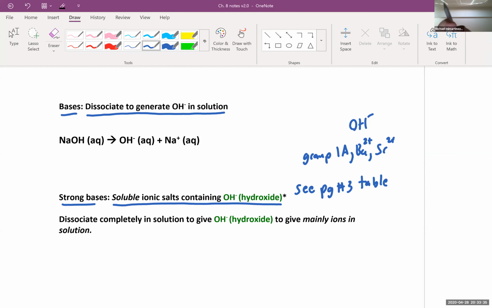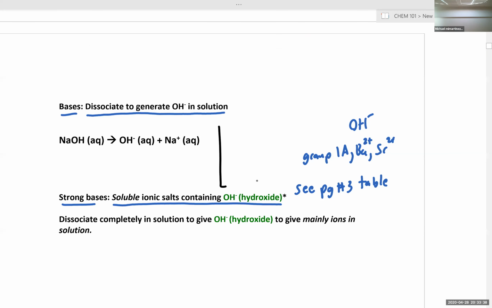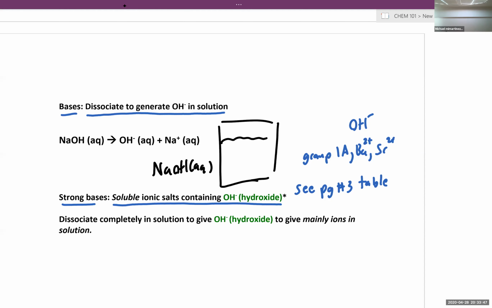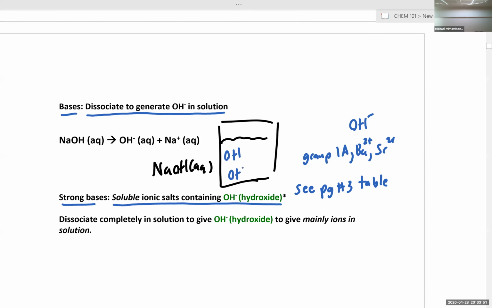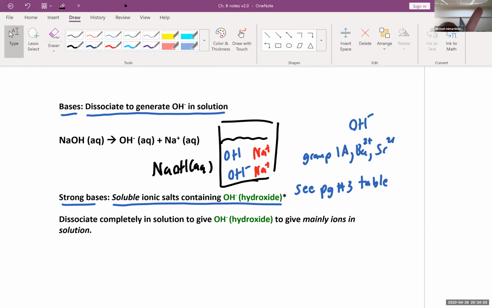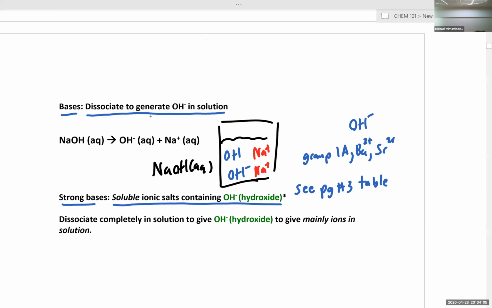Just like when we drew a picture for our acid, if we look at a flask of aqueous sodium hydroxide, we'd expect to see primarily ions in solution. We'd see our hydroxide ions and our corresponding sodium cation, of course surrounded by water molecules, but we won't be worried about the solvation right now.